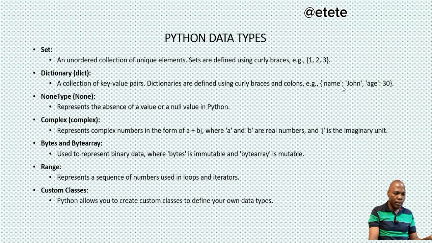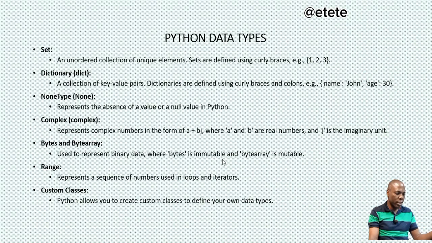So then you have NoneType, which represents the absence of a value or a null value in Python. Complex represents complex numbers in the form of a plus bj, where a and b are real numbers and j is the imaginary unit, which is actually the square root of -1. Bytes and bytearray are used to represent binary data, where bytes is immutable and bytearray is mutable.